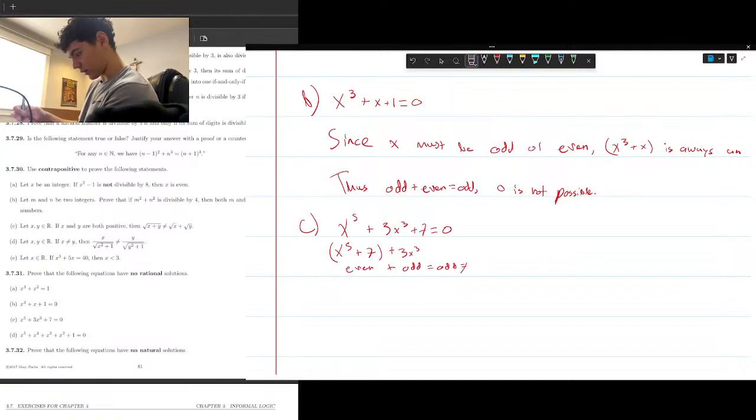So it's not equal to even. Okay, so that's the case if they're both odd. And in the case that they're even, it's an even number plus an odd, which is odd.